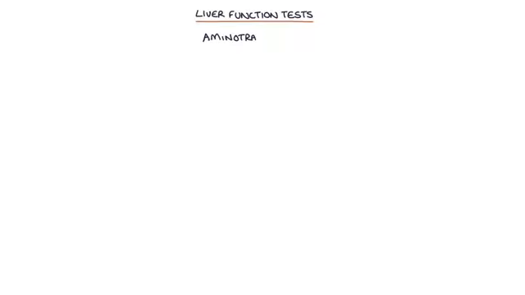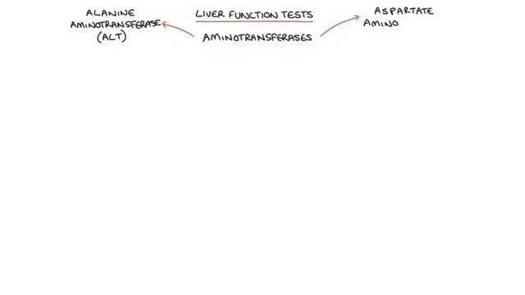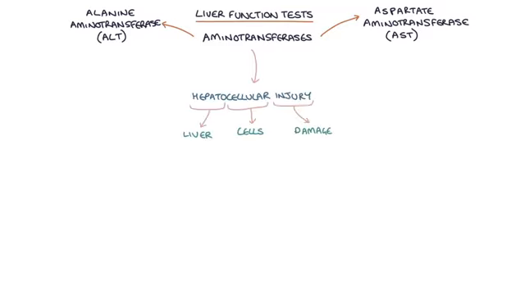Next, aminotransferases. Alanine aminotransferase, or ALT, and aspartate aminotransferase, or AST, are enzymes that are produced in the liver. They're helpful as markers of hepatocellular injury, or damage to the liver cells.